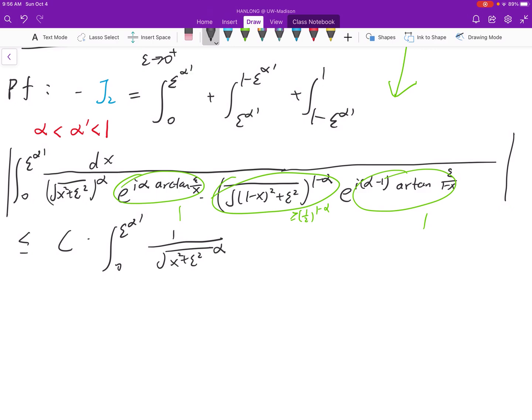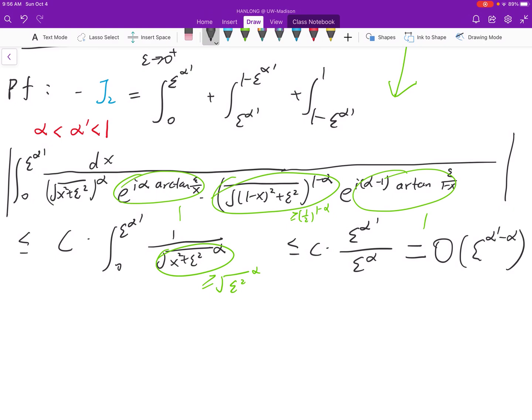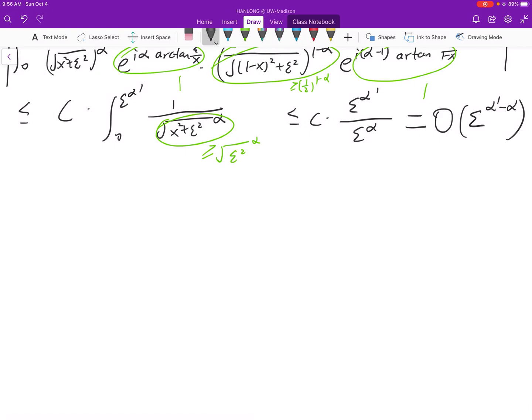Then you can shrink the denominator to epsilon squared, so this is bounded by epsilon squared's square root to the alpha's power. The interval has length epsilon to the alpha prime, so totally the subintegral is of order epsilon to the alpha prime minus alpha.